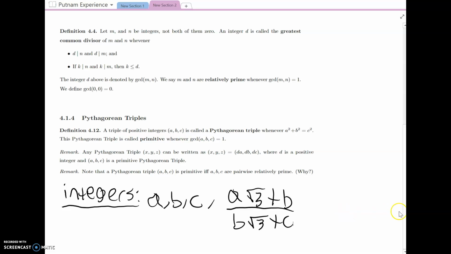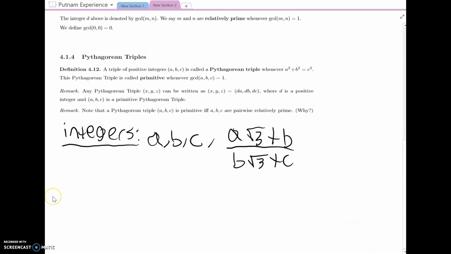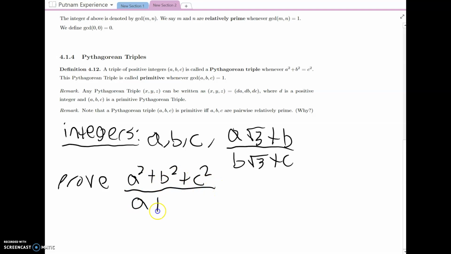So those are our four integers. And then what it's asking is, it wants me to prove the following: a² + b² + c². Can this be divided by a + b + c?